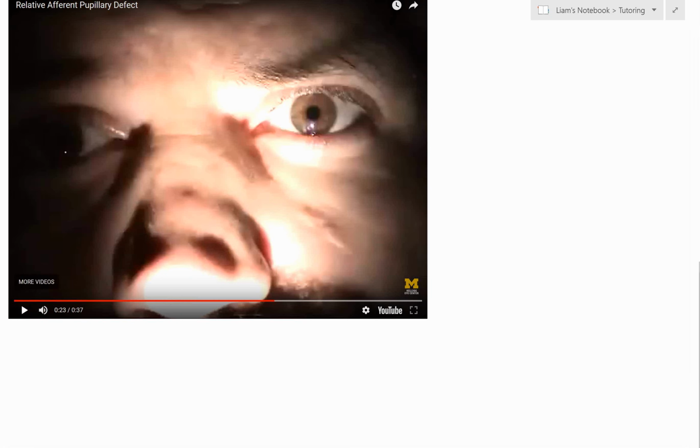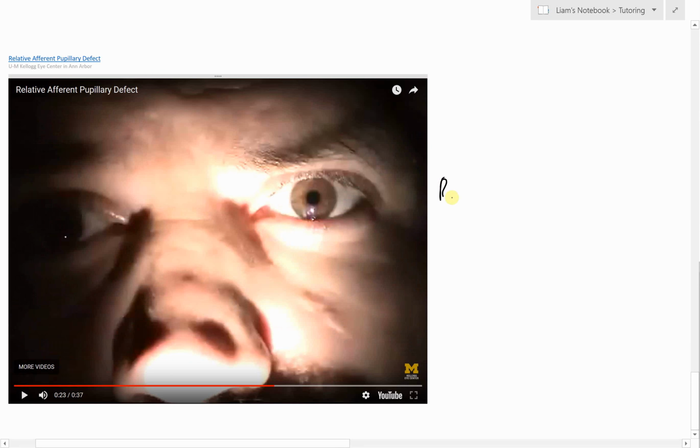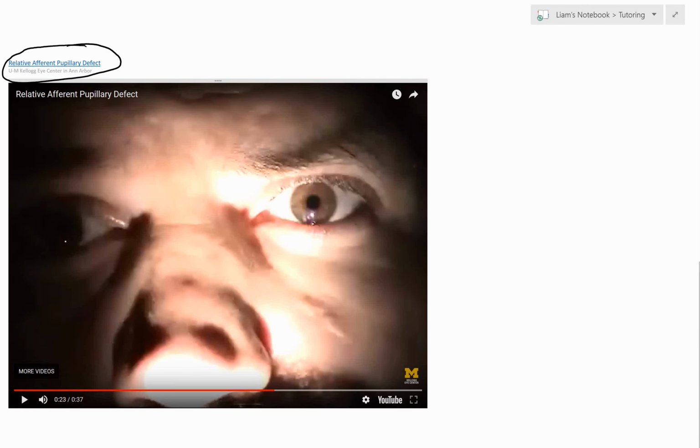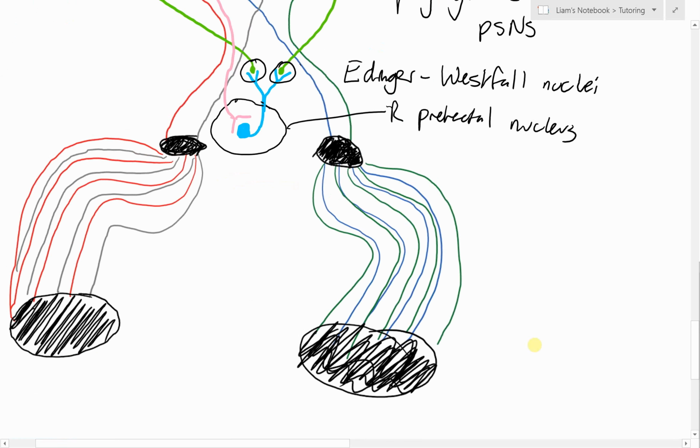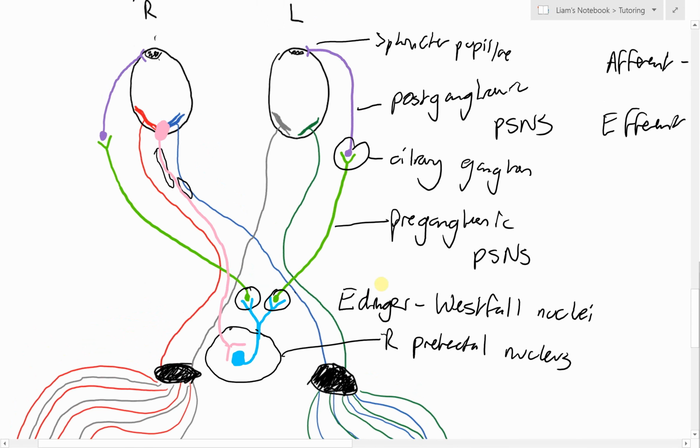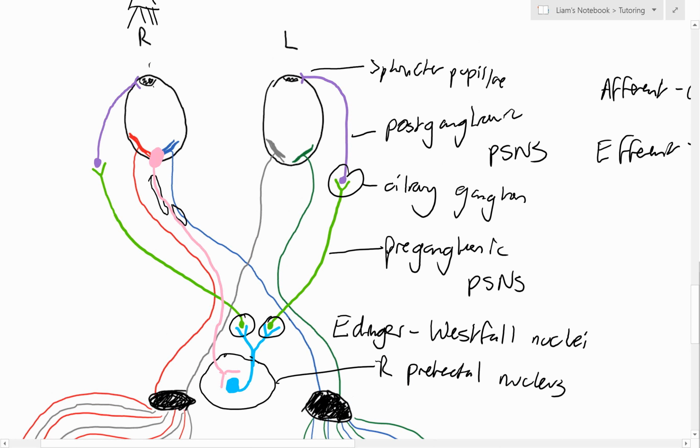Okay. So that's called a relative afferent pupillary defect. This test here is called the swinging light test, and that's what you use to pick up a RAPD, a relative afferent pupillary defect. Cool. So, what's happening there? This is common in diseases such as MS, which I mentioned before.